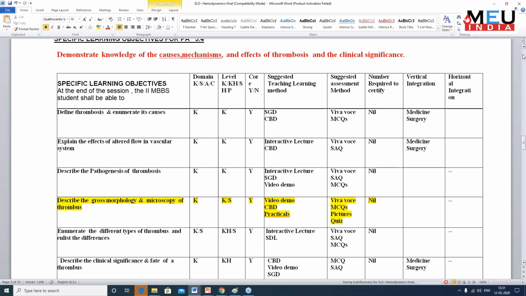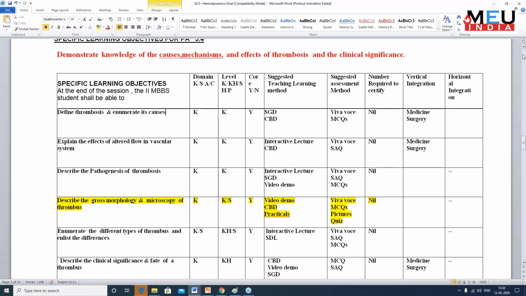And the second component of this SLO would be to explain the effects of altered flow in the vascular system. This we would prefer to do as a case-based discussion or interactive video lecture, because the new animated videos will show how the damage occurs, how the platelets come and form the primary plug, and then how the coagulation pathway takes place.